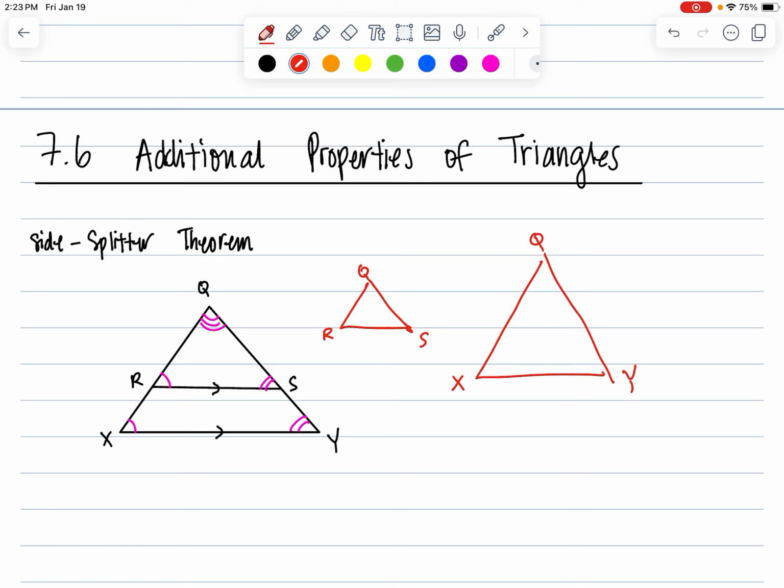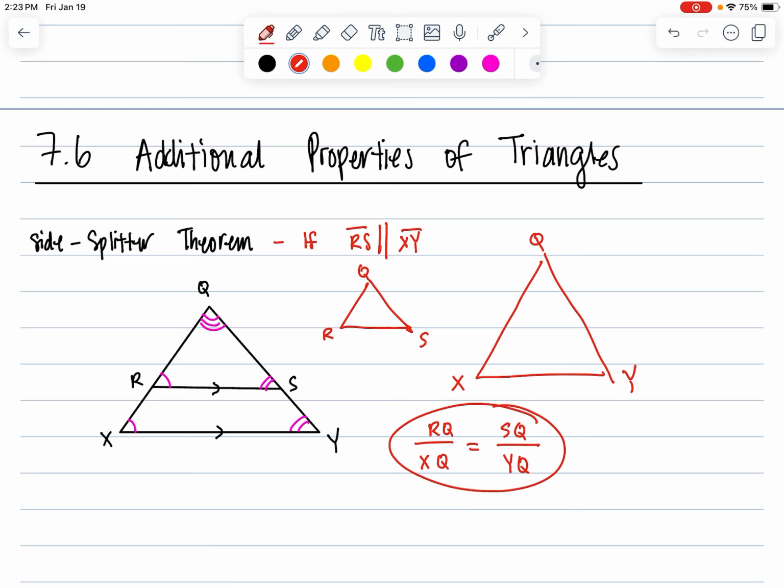We could say, since we've already done this, that RQ corresponds to XQ. It creates a proportion with SQ, because we went from small to big, over YQ. And this is only if parallel lines, or in this particular case, if RS is parallel to XY. This is the only case in which we could do this. Then these two sets are proportional.